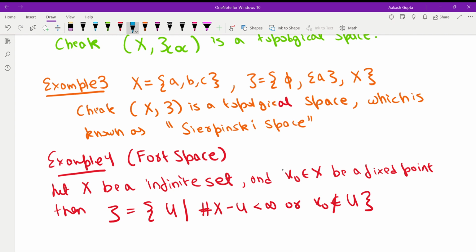So this example can be found at various places, but where I have studied this first is a book named Elements of Topology, if I am not mistaken. It's by Professor Tej Bahadur Singh.